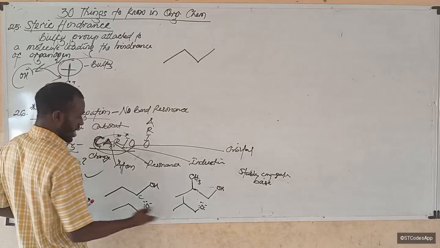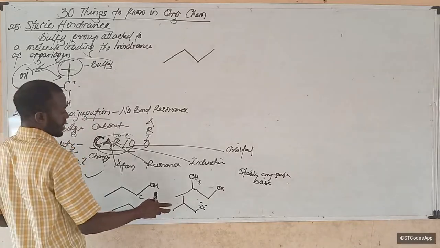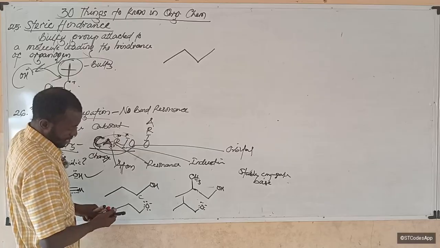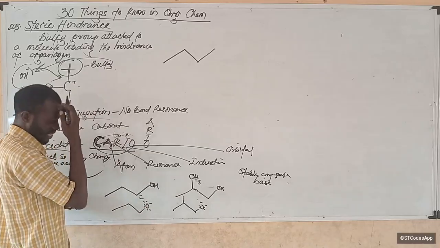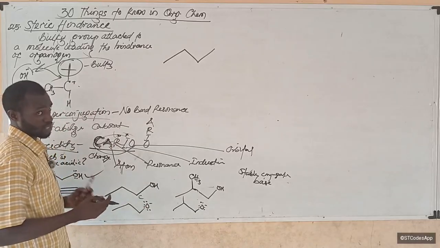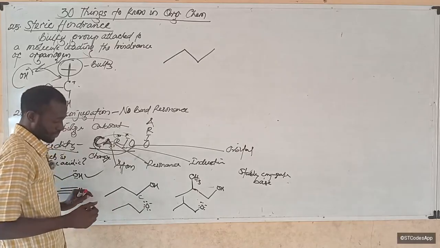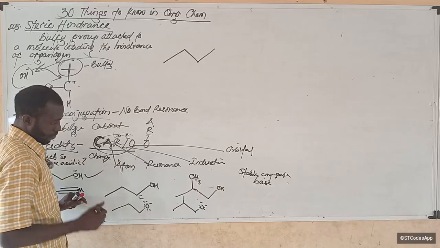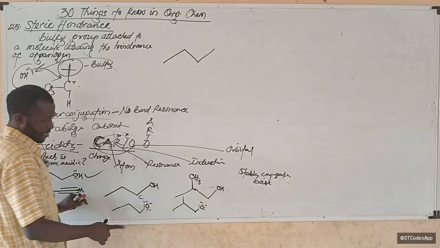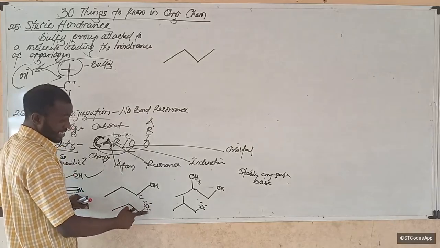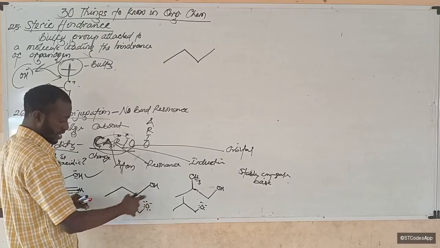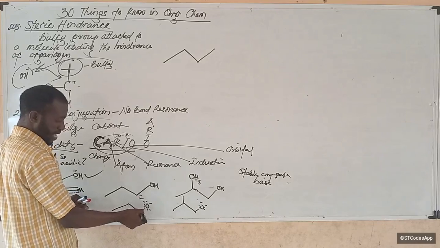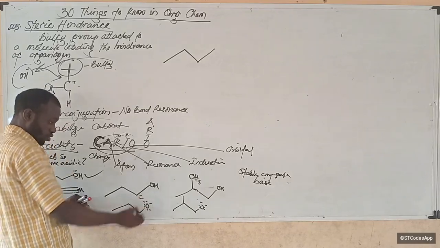So which one is more acidic? Is it this one or this one? Looking at this, the negative charge here is an abundance of electrons. It is electron rich, so the group here will donate electron density into the group here.